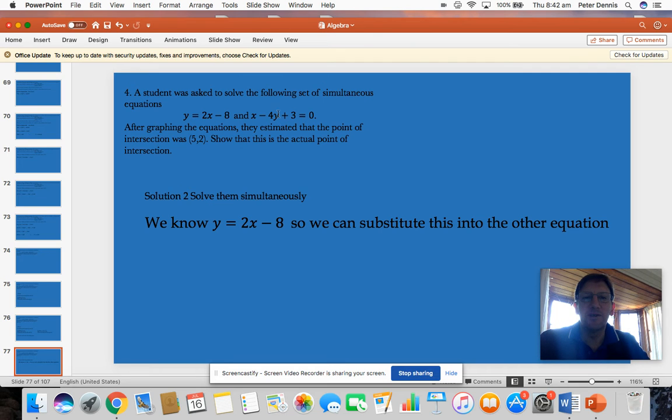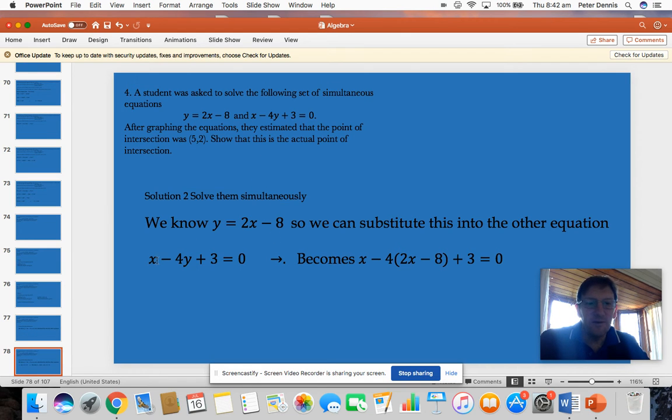If y equaled 10, we could put 10 in there for y. If y equaled 1, we would put 1 in here. What we do know is that y equals 2x minus 8. So that is exactly what we're going to do. This is the substitution method that you may have heard of. So we're going to put this 2x minus 8 straight in here.